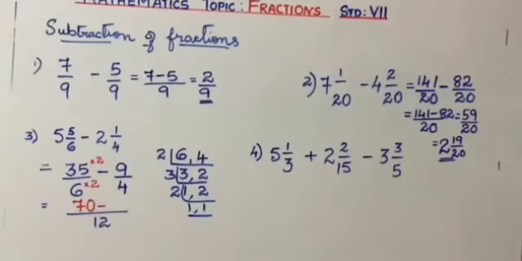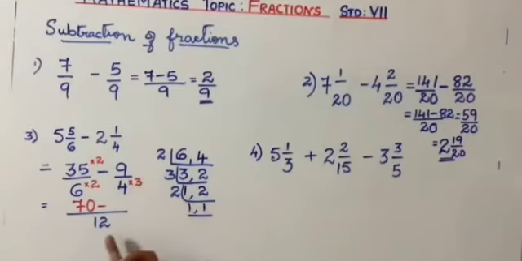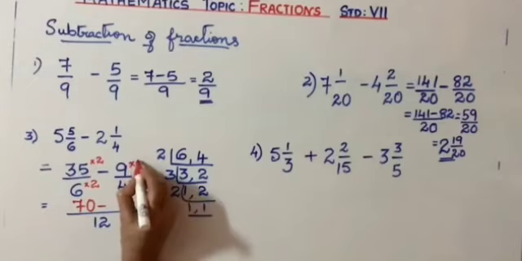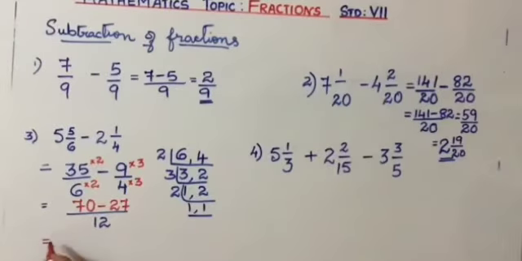Next. 4 into 3 is 12. 9 into 3 is 27. Agreed? So 70 minus 27, subtract children. You have 10 minus 7 is 3 and 6 minus 2 is 4 divided by 12.